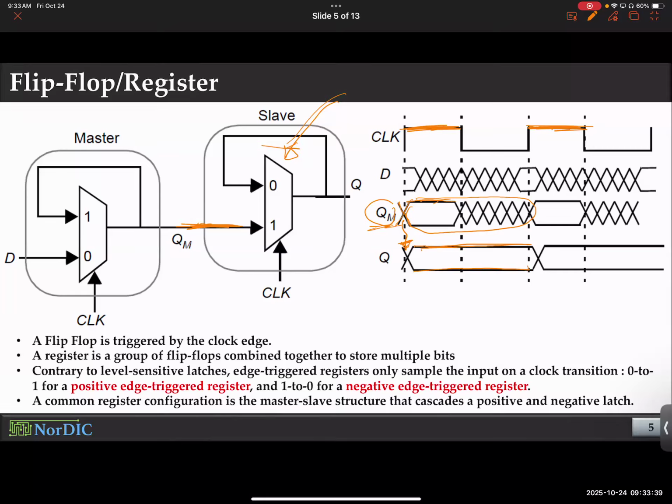You see my point here, folks? For that latch, it doesn't care what the first latch is doing. It only looks at the clock and responds accordingly. So it responds again when the clock is high or 1. So basically, when the clock becomes 1, it sees some kind of change here at the QM and it follows that change. And then it stabilizes again.